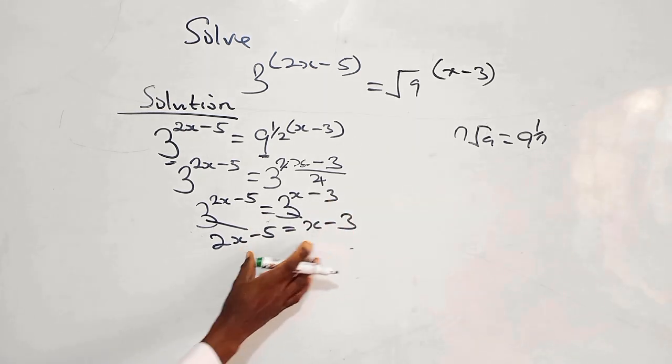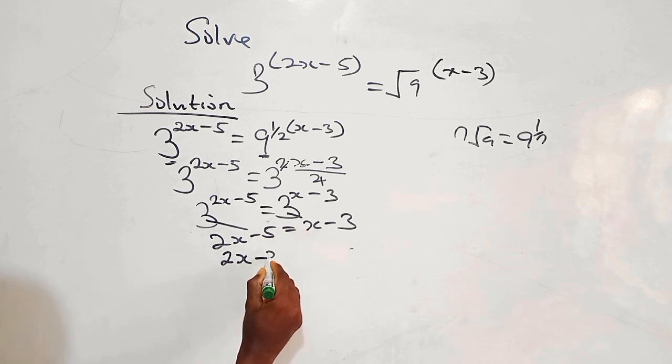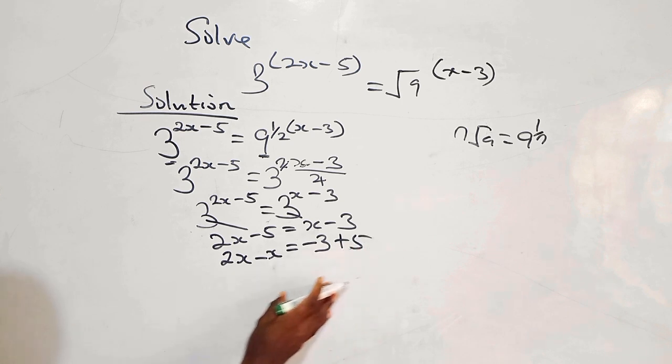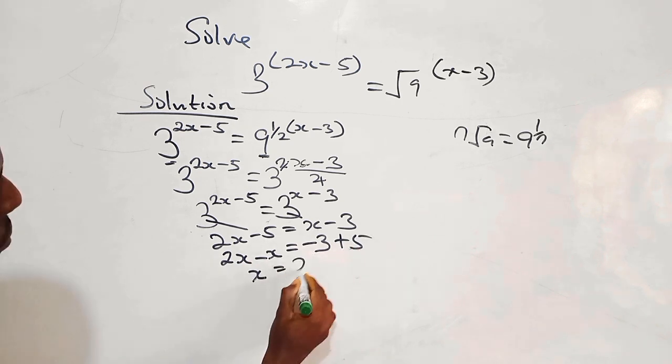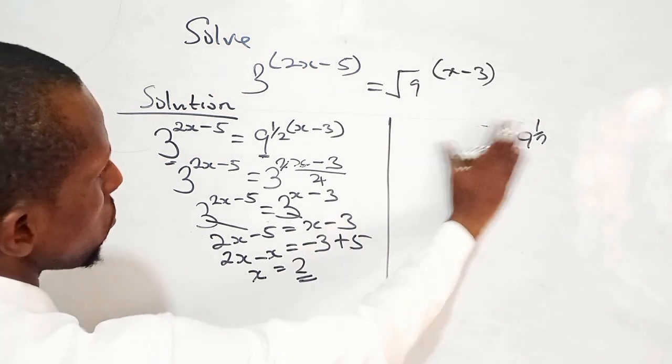So from here now I collect the like terms. I have 2x, minus x equals minus 3 plus 5. So 2x minus x is x, minus 3 plus 5, I have that to be 2. So let us verify.